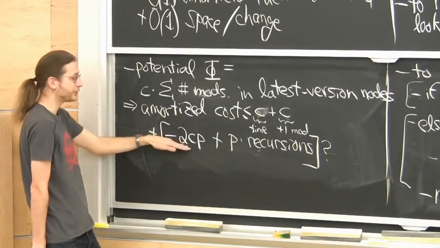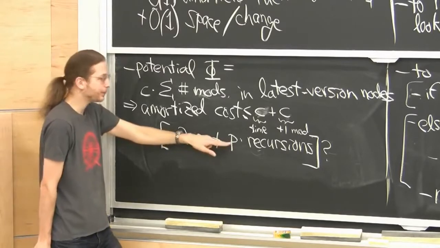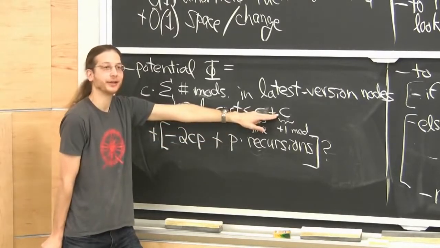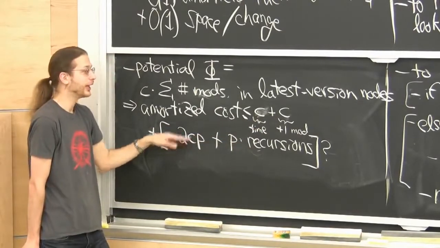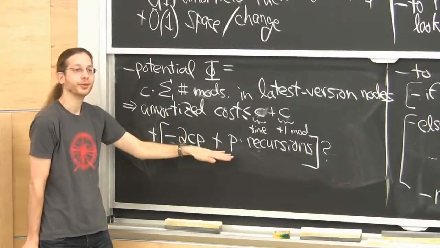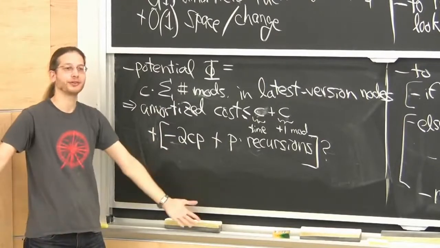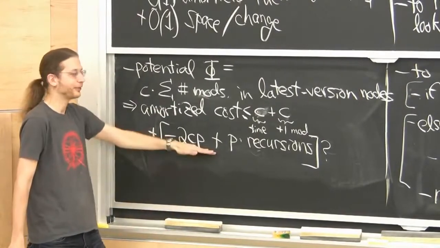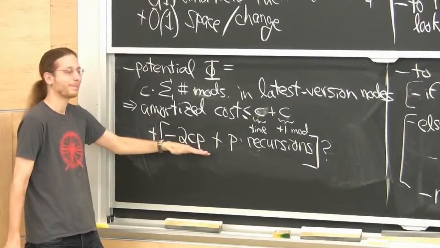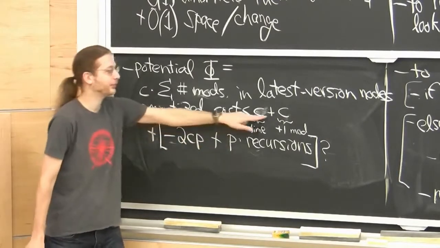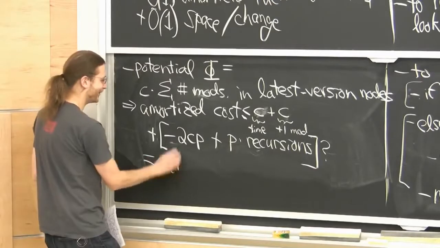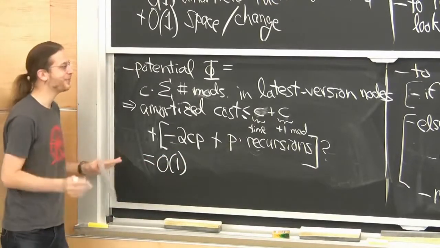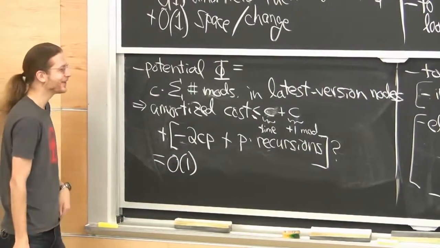Okay, but then there's this minus 2CP. So we're going to get P times 2C here. That's the initial cost. So that will cancel with this. And then we might get another recursion. But every time we get a recursion, all the terms cancel. So it doesn't matter whether this is here or not, you get 0. Which is great, and you're left with the original 2C. So constant.